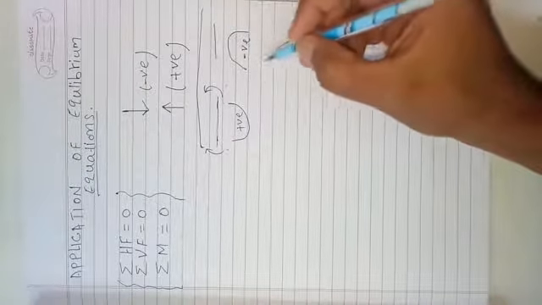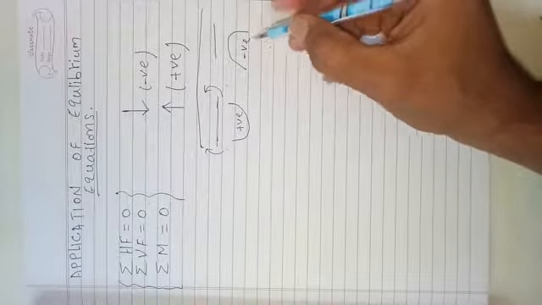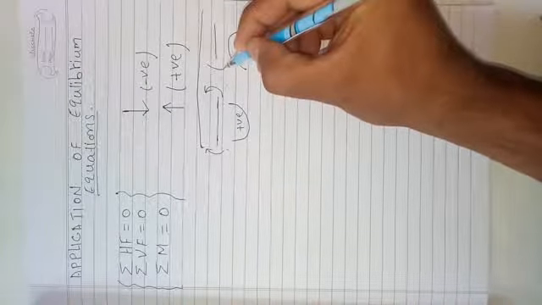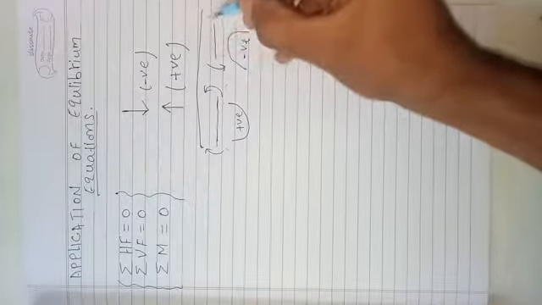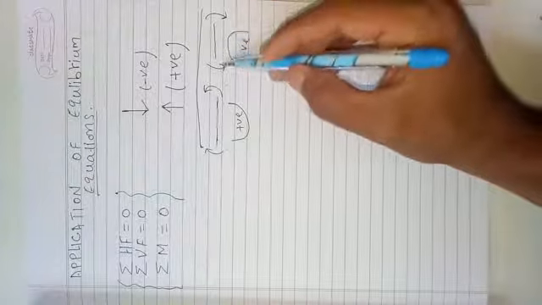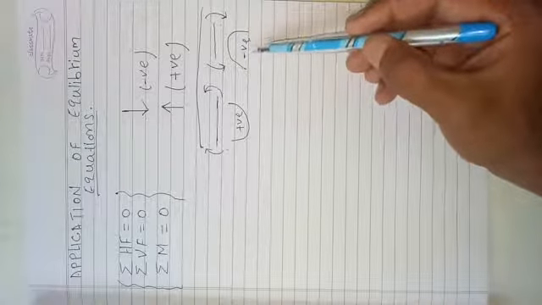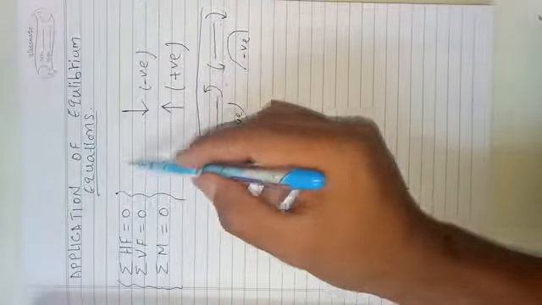Similarly, if a moment will try to rotate the beam downwards, we will take that moment as negative. Suppose here the moment is anti-clockwise and here the moment is clockwise. We will take both these moments as negative because they are trying to rotate the beam in the downward direction.